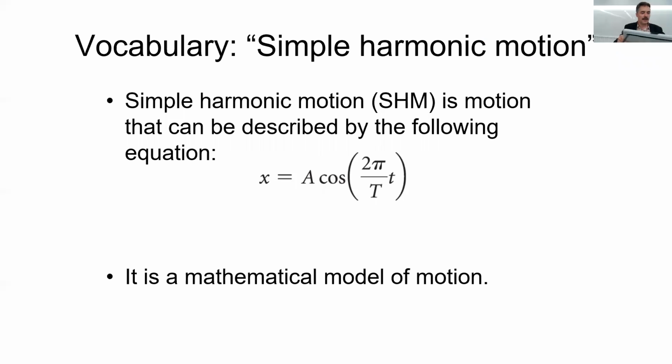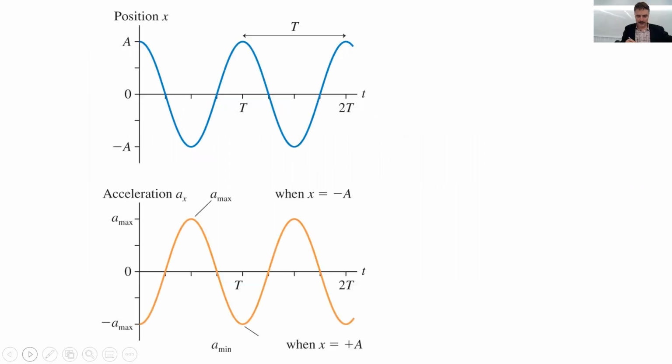So this is called simple harmonic motion. Simple harmonic motion is motion that can be described by the following equation. That's a mathematical model of the motion. And we can try to graph what it looks like. There's the sine curve. There's the period, T. What goes on here is that you've got F equals negative k times x.